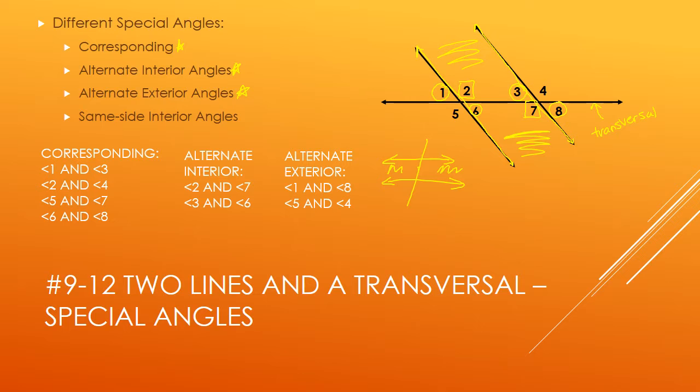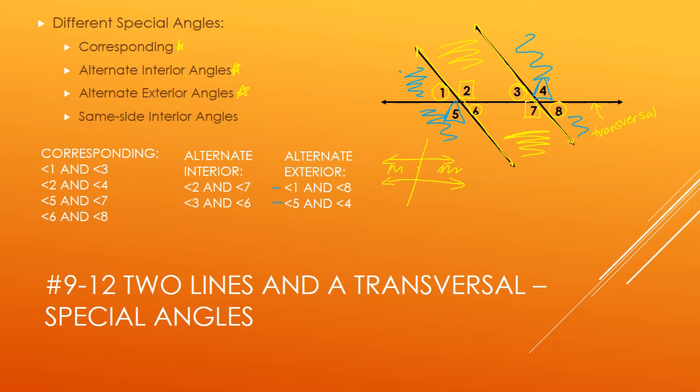Same concept, but now we're looking at exterior, outside of the 2 lines. So in this case, exterior is here, and then alternating again is on opposite sides of the transversal. So this is above the transversal, so alternate to above the transversal would be below the transversal. And you can see here I've listed them.